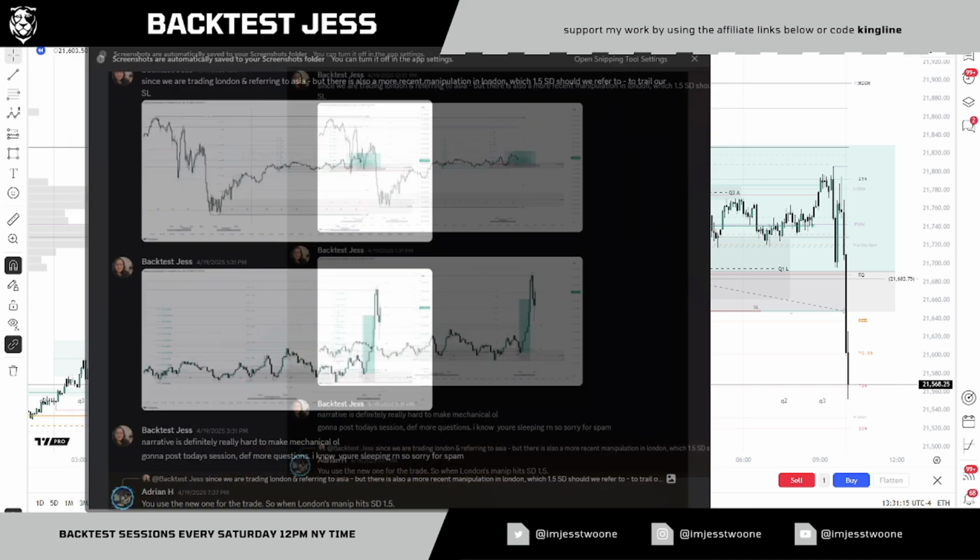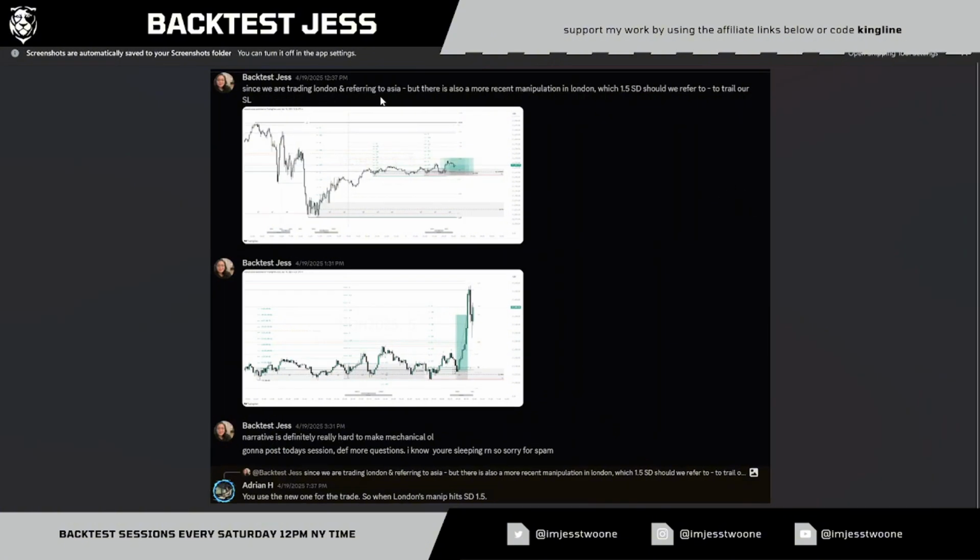There we go. Since we are trading London and referring to Asia, but there's also a more recent manipulation in London, which 1.5 SD should be referred to for the trailing stop loss? You use the new one for the trade, so when London's manipulation hits 1.5 SD.